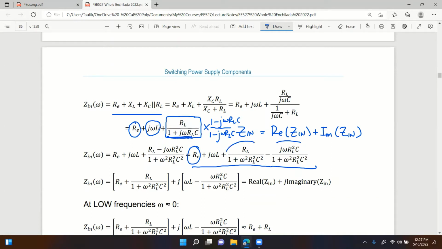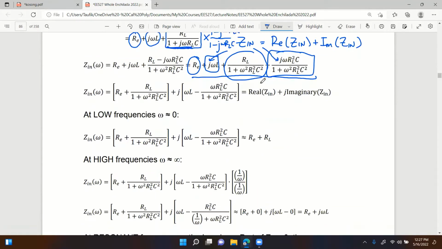That's real part, that's real part, and that's imaginary part, that's imaginary part, right? How do I know that? That's a J right there, and there's a J right here, right? So that's what I did right here. Once I break it down into real and imaginary parts, then I group together the real part and the imaginary part. Now I can clearly see the real part of the impedance and the imaginary part of the impedance.